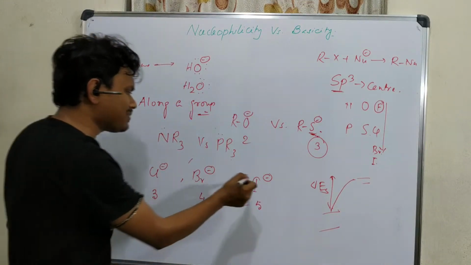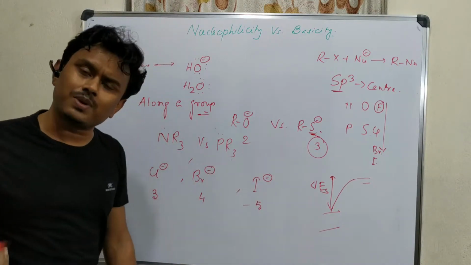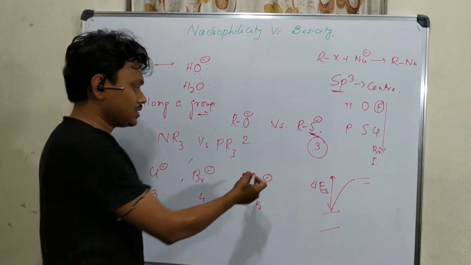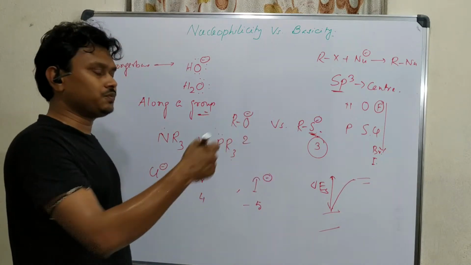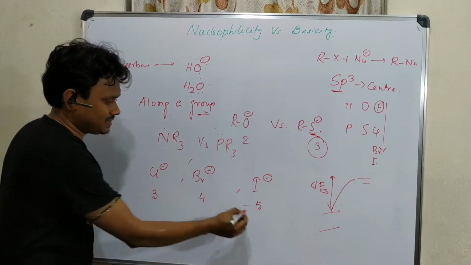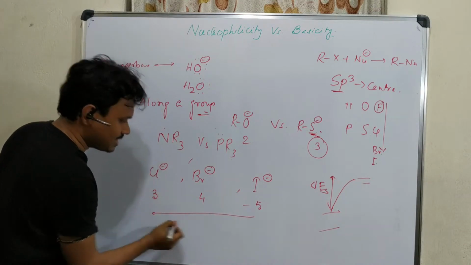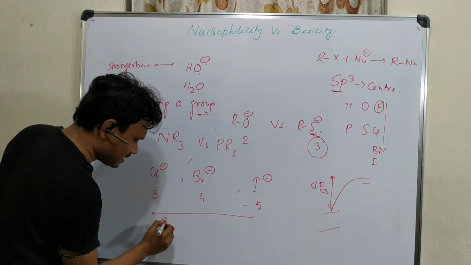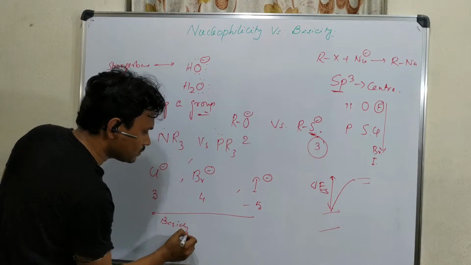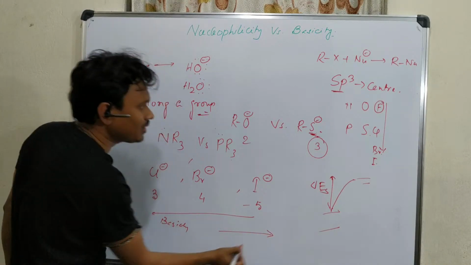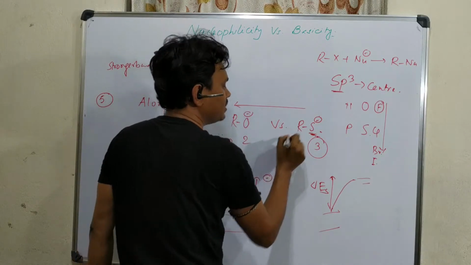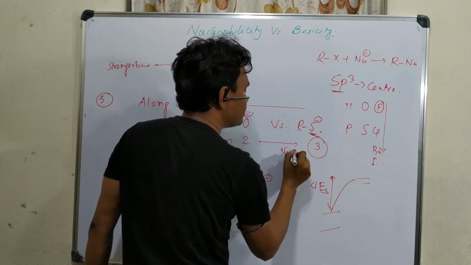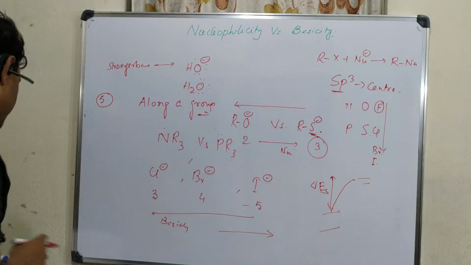The charge is delocalized over a big space, soft, easily polarizable, so they have very high nucleophilicity. But conversely, they have very little basicity. So basicity is in this order, and nucleophilicity is in this order. Similarly for this, basicity is in this order, nucleophilicity is in this order.